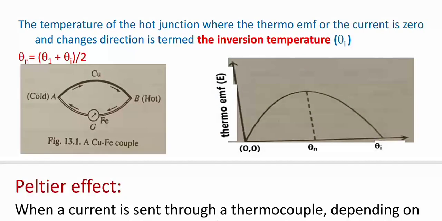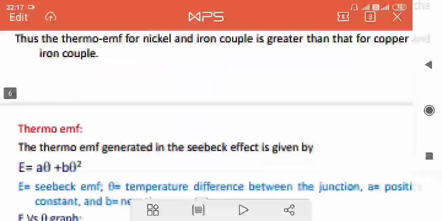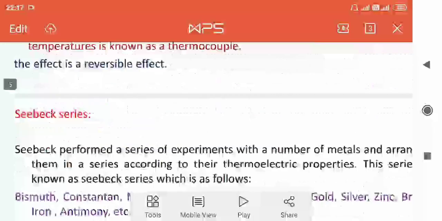First with cold A and hot B, current flows from copper to iron. Now with A hot and B cold, it flows from iron to copper, in the opposite direction. So this is a reversible effect.